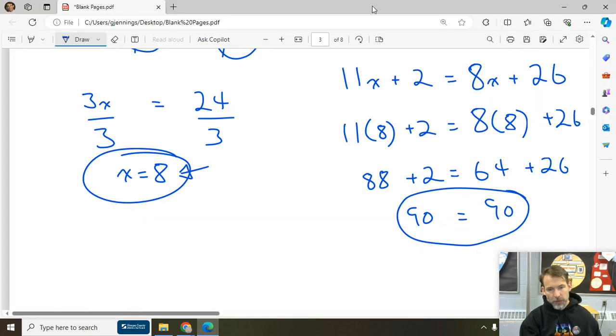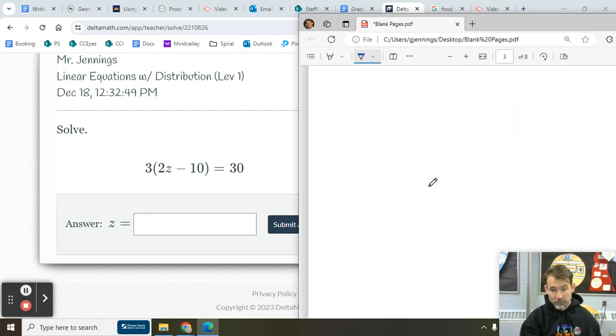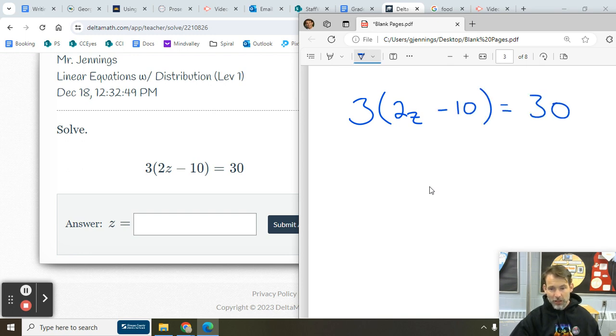All you do when there's distribution involved is copy out the question first. 3 times 2z minus 10 in brackets equals 30. You'll learn something by copying the question. Next, we actually just simplify. Apply the distributive property. 6z minus 30 equals 30.